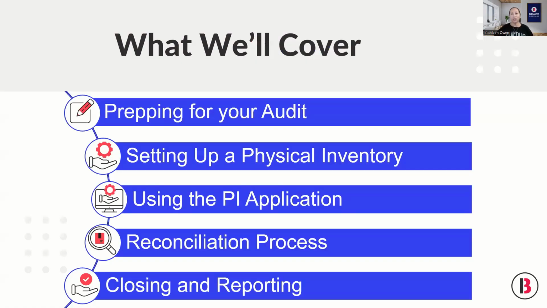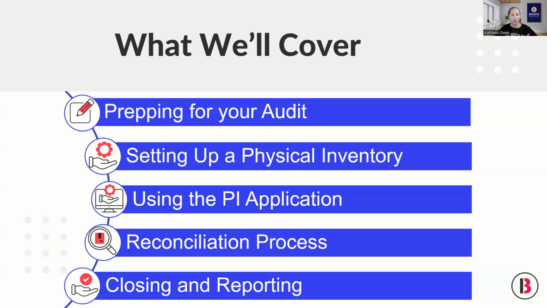So today we're going to walk through Bravo's physical inventory feature by breaking it down into a few areas. First, we'll start with prepping your audit. Next, we'll show you how to set up a physical inventory session. After that, we'll move on to using the physical inventory application for scanning.